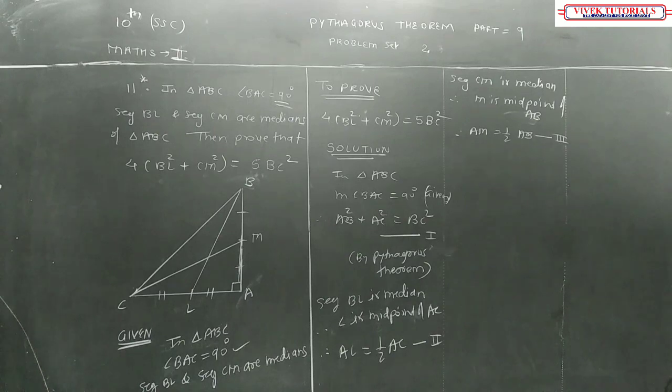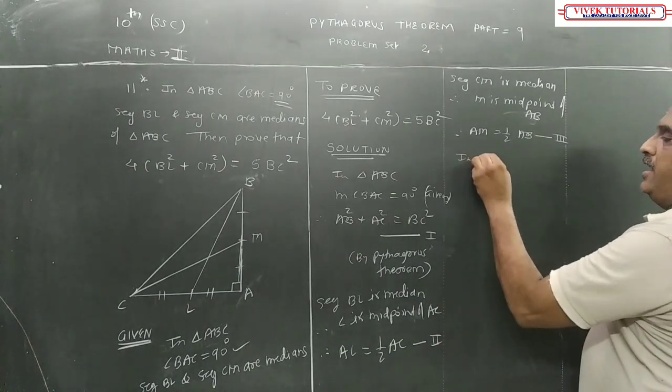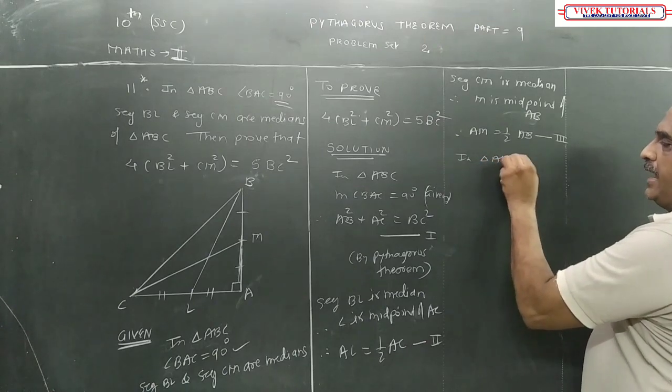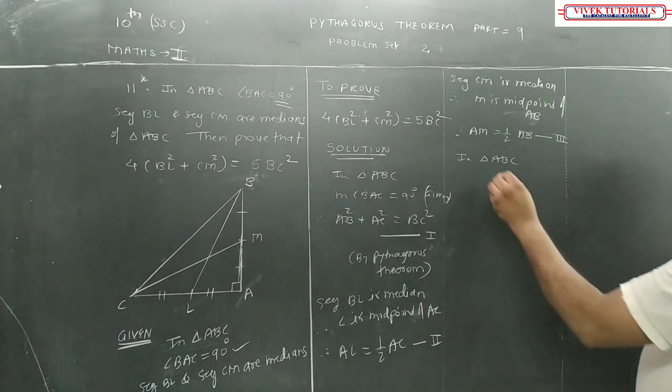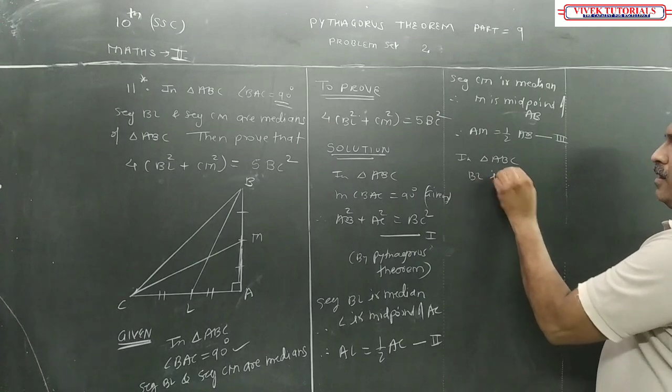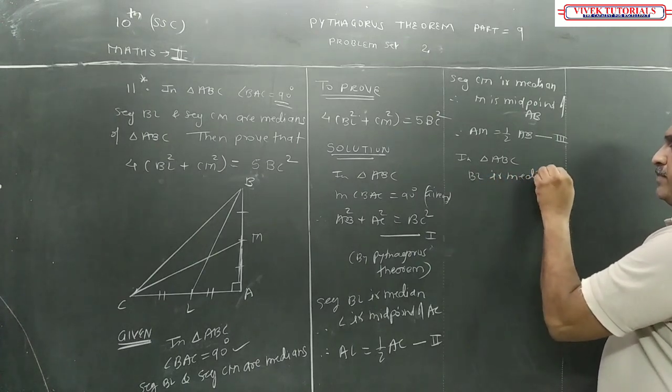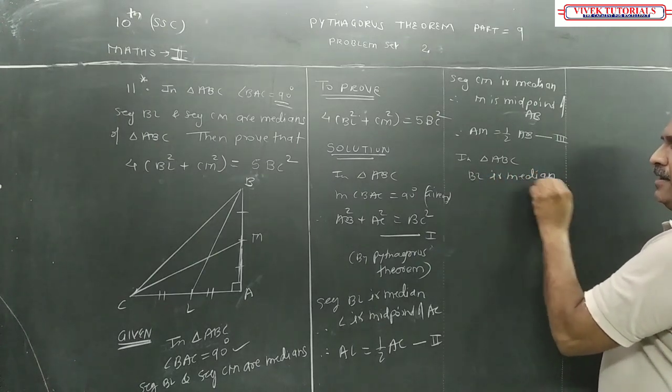Now, what I can do is, in triangle ABC, BL is median. This part is given.